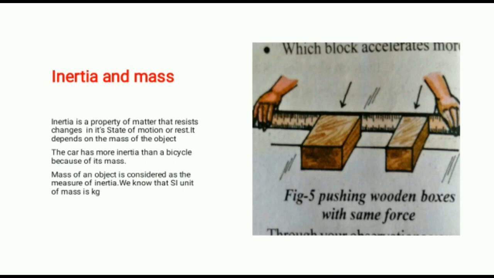So inertia is a property of matter that resists changes in its state of motion or rest. It depends on the mass of the object. For example, a car has more inertia than a bicycle because the car has more mass.